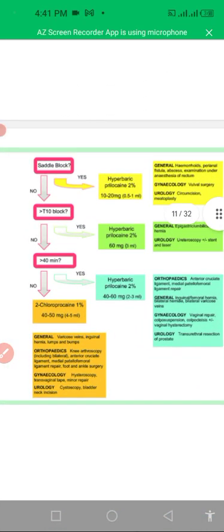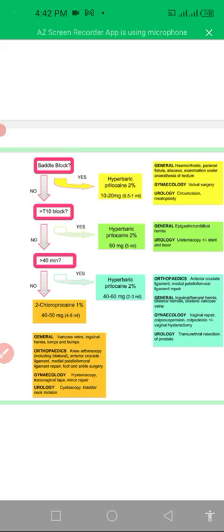And then there come different blocks for spinal anesthesia. So we insert medicines of different baricity, or density, in anesthesia. In spinal anesthesia there is a term, baricity, which is the density of the drug. Hyperbaric means more dense, hypobaric means less dense, and isobaric means density equal to CSF.